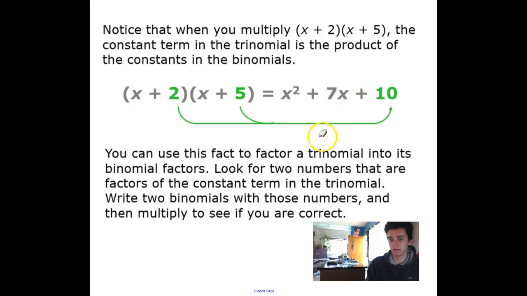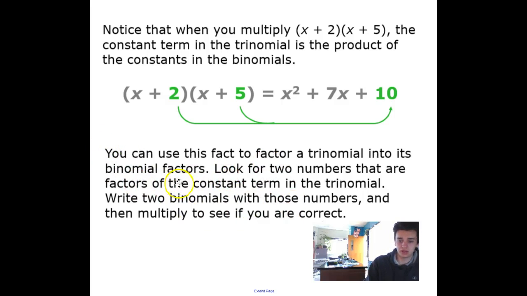The constant term of the trinomial is the product of the constants in the binomials. This is the first step in learning how to factor. You use this term to find both of the terms in the parentheses.